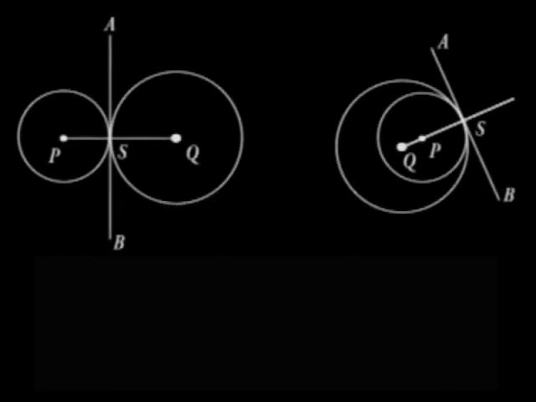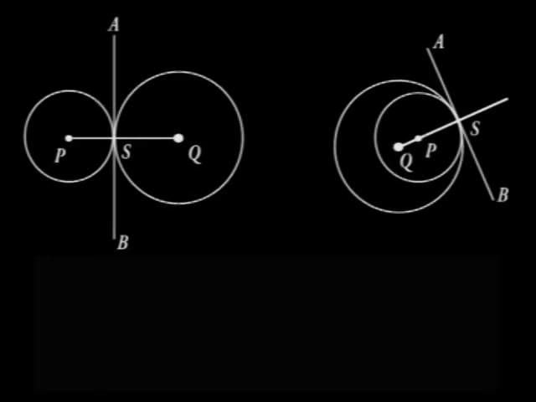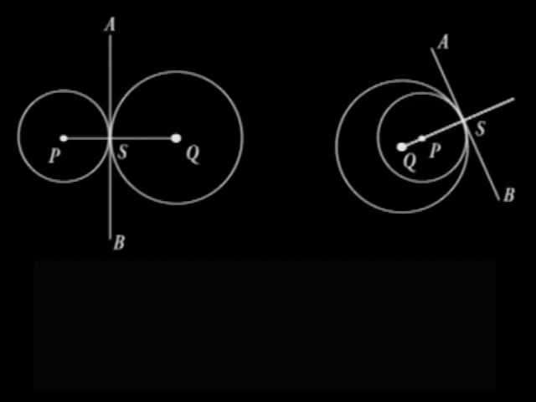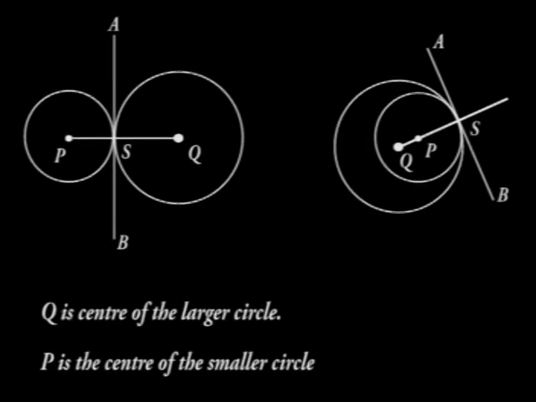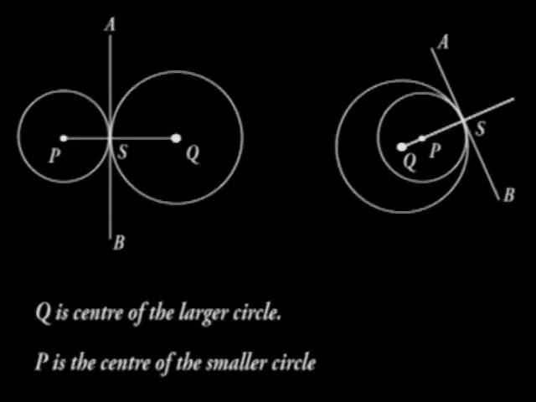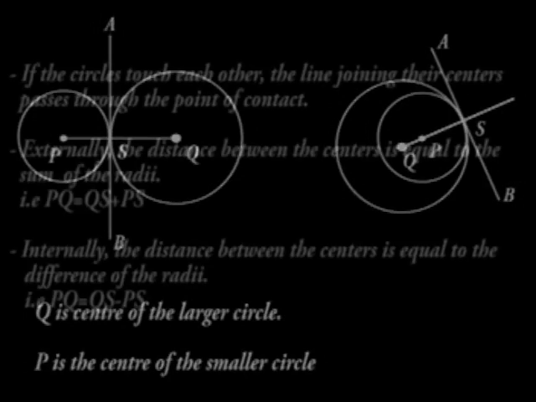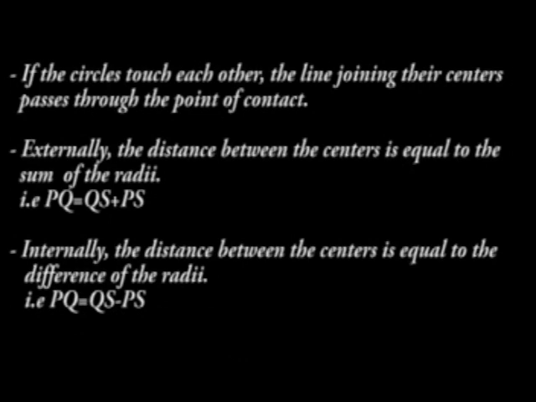Contact of circles. Consider the diagrams below. Q is the center of the larger circle. P is the center of the smaller circle. The circles have only one common point. In summary, if two circles touch each other, the line joining their centers passes through the point of contact.